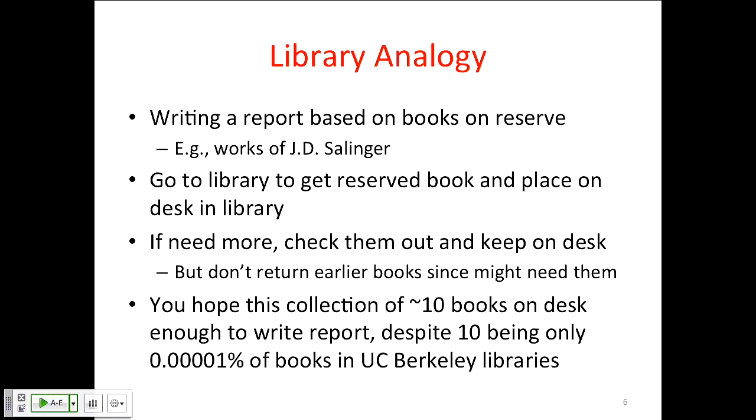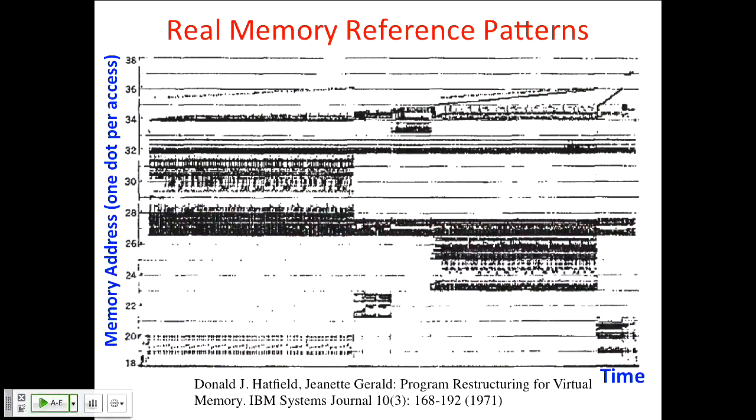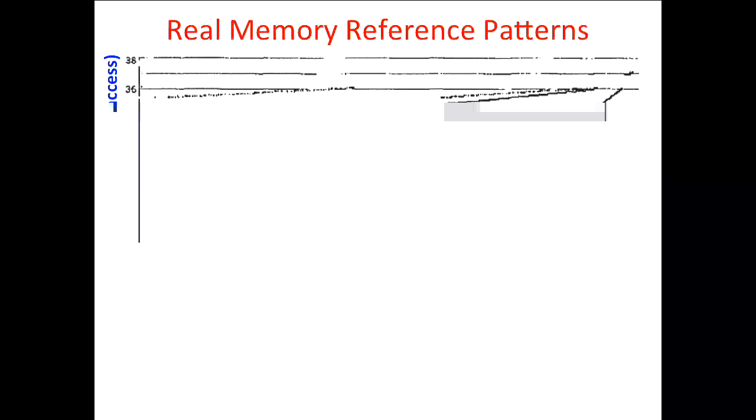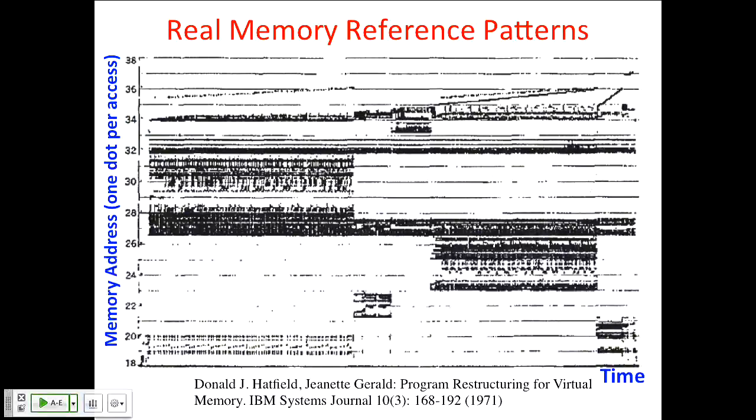Now, fortunately, when programs are run on computers, they have a similar property. And this is really fortunate, because if this wasn't true, we couldn't build computers that would be effective. So what this graph is showing you, this is some very old data from 1970, a paper in 1971, but the plot is nice and it still shows the main ideas. Along the x-axis is time.